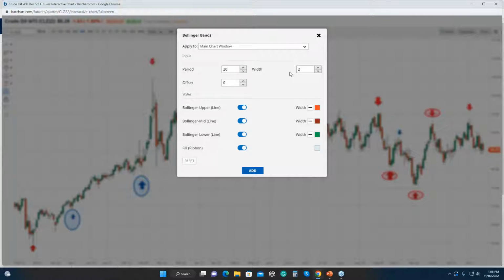So maybe you might only use a 13 period, or maybe you're looking for something that's relatable to, let's say, a 200-day moving average. Well, that might be a 40 period. So you can adjust this accordingly, but we're just going to stay in the 20. And again, you can adjust the standard deviation as well.